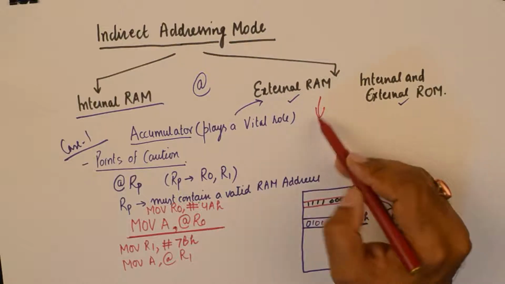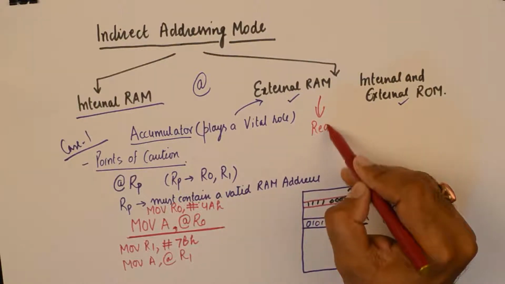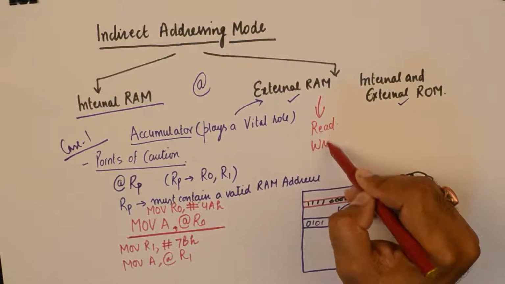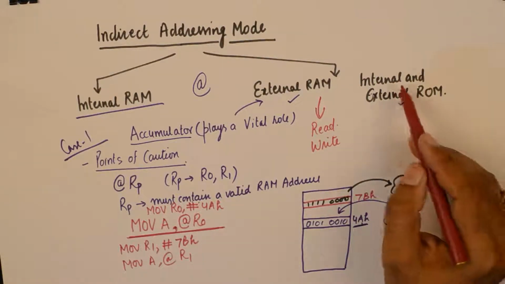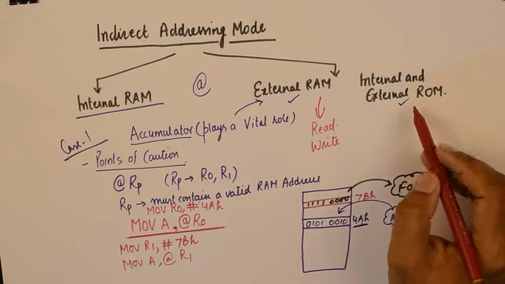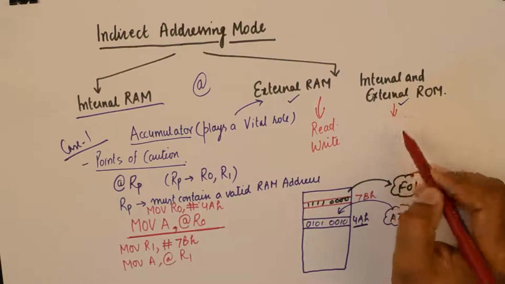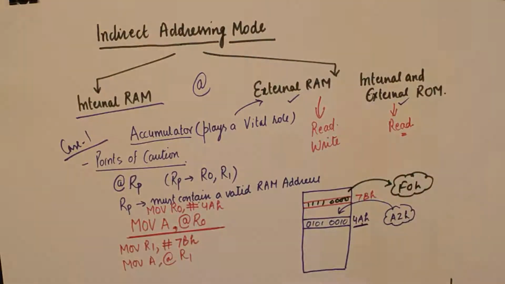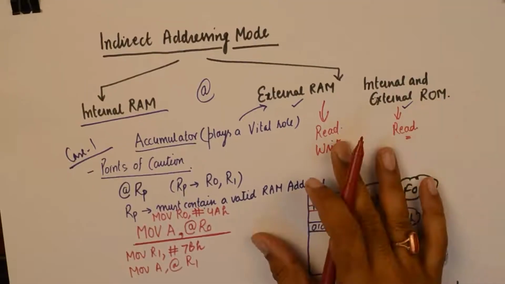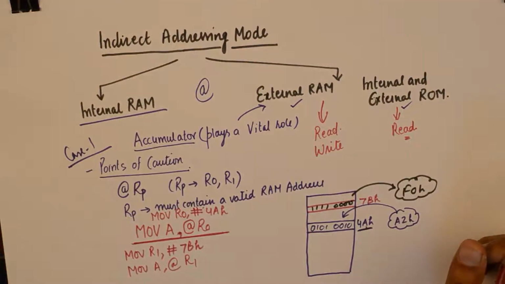So if we have an external RAM, we could read or we could write, and if we have an external ROM or internal ROM, we could only read. So I'll draw these two cases and then we'll understand how indirect addressing is used for external data movements.